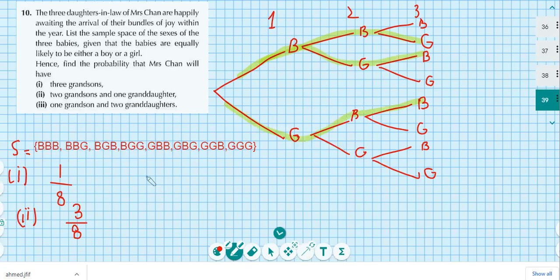All right, for the third part, one grandson and two daughters. Let me delete them first. One grandson and two daughters. So now for boy, this one.